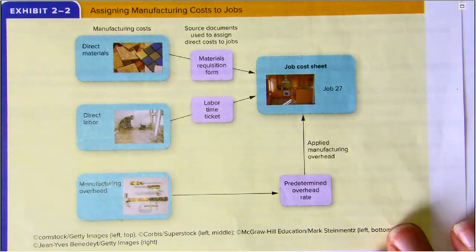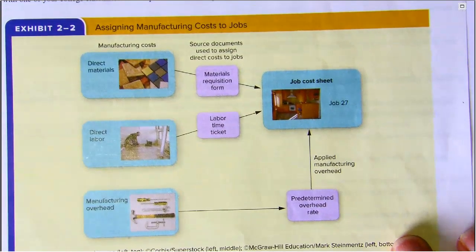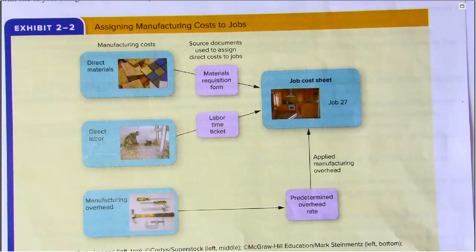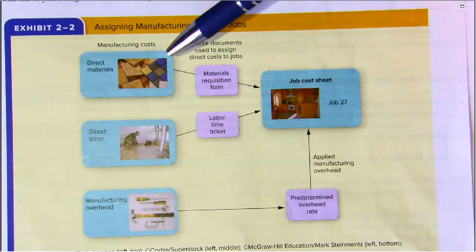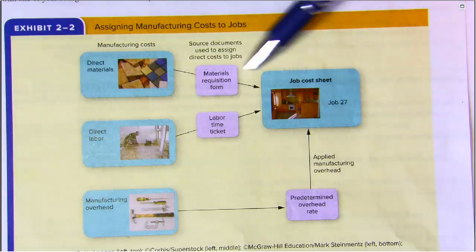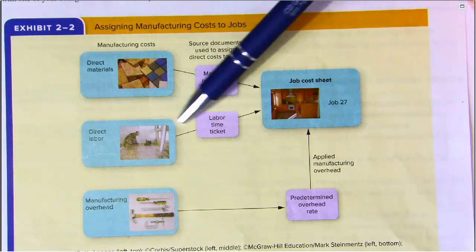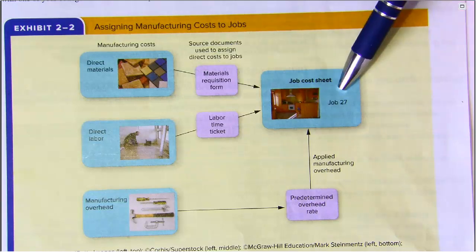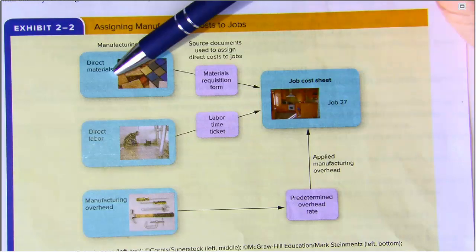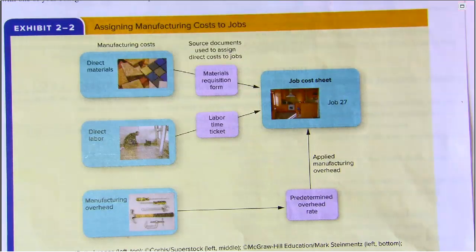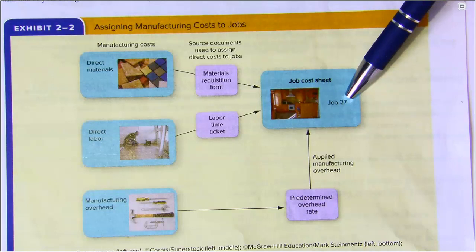So the last time we spoke together, we were learning how to assign manufacturing overhead to the job cost sheets. At this point, you've learned that our source documents, such as the materials requisition forms, cause the direct materials to get put onto the job cost sheet, that labor time tickets cause direct labor to be put onto the job cost sheets, and these are both direct materials and direct labor, which can actually be traced to that particular job.